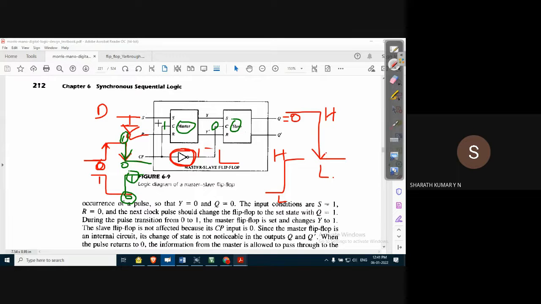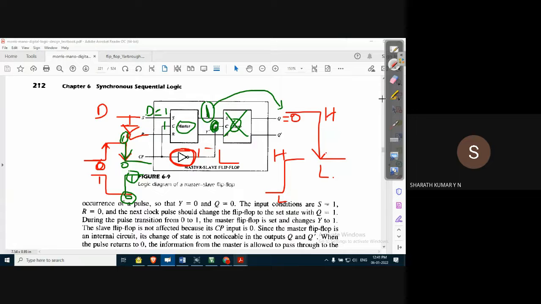Whatever input we apply to the master, 1 or 0, will be copied and generated at the output of the master. But this cannot propagate to the output of the slave because the slave is disabled, as its clock is 0.